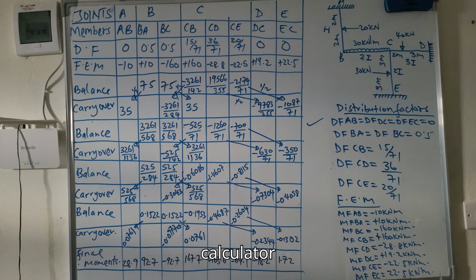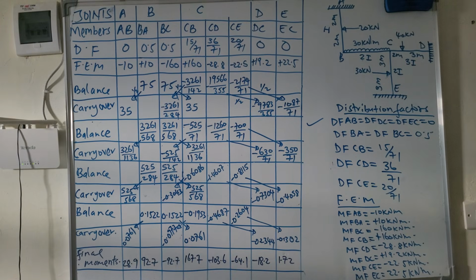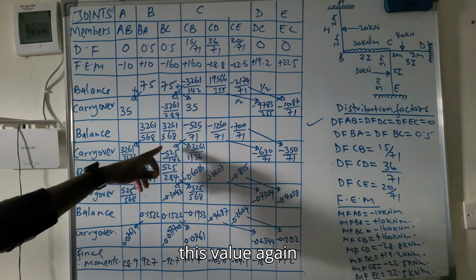Maybe I show you on my calculator. Negative 525 over 71, and then you divide by 2. So you get negative 525 over 142. This value.